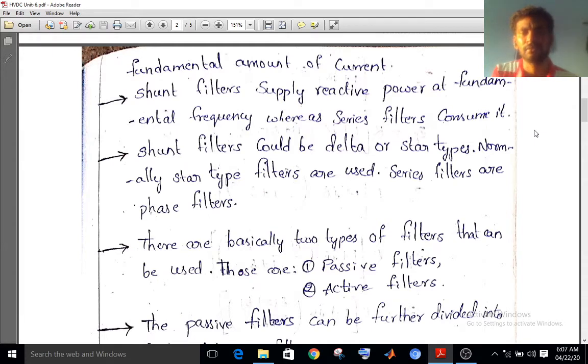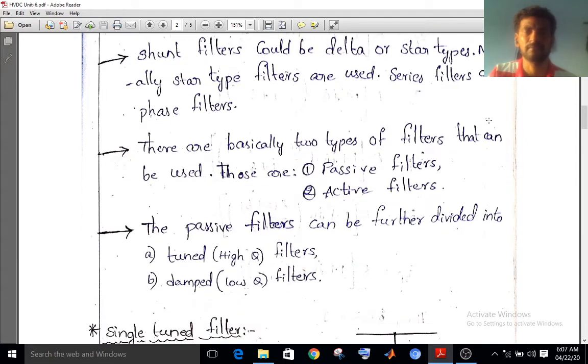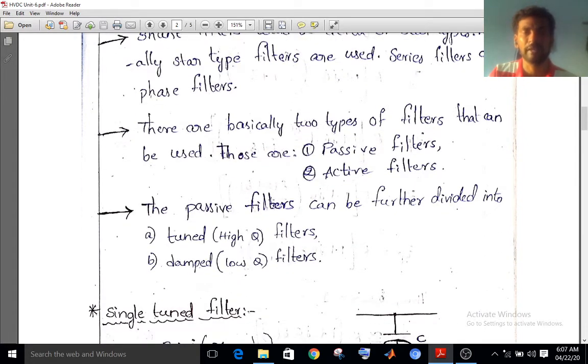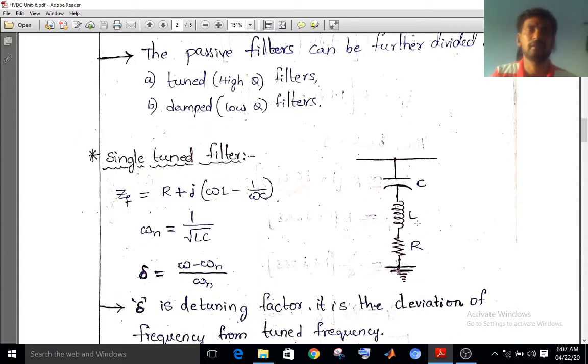There are basically two types of filters that are used: passive filters and active filters. In the passive filters, again there are tuned and damped filters. Tuned filters have a high quality factor when compared to damped filters. In the tuned filters, we tune a filter to a particular frequency.